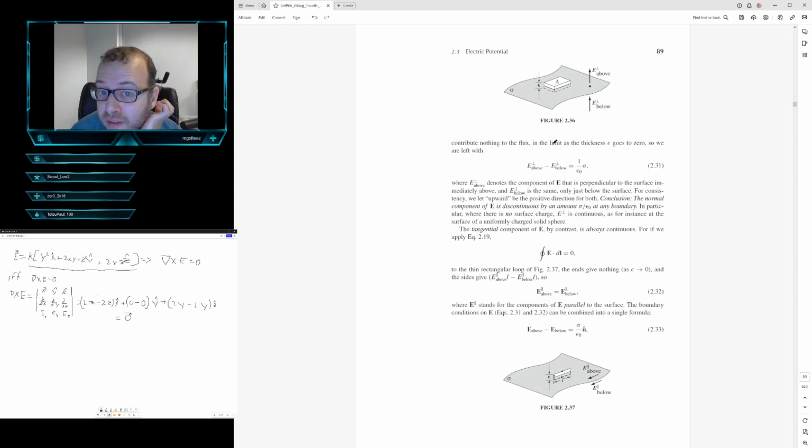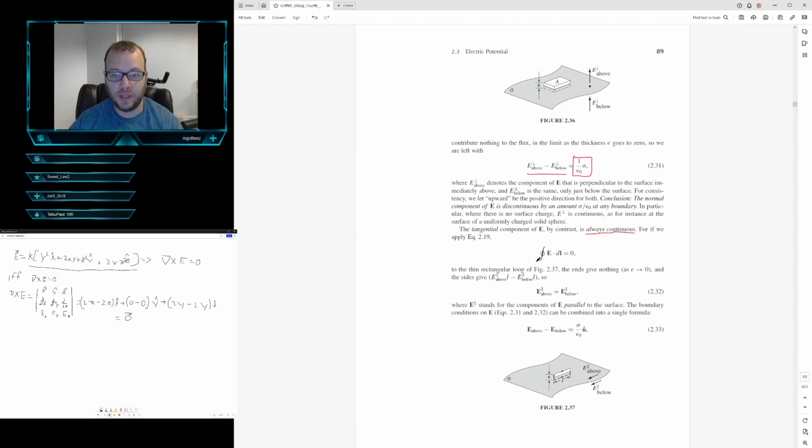Now the sides contribute nothing to the flux. So we are left with the perpendicular field above minus the perpendicular field below is equal to sigma over epsilon naught. The tangential component, though, is always continuous.